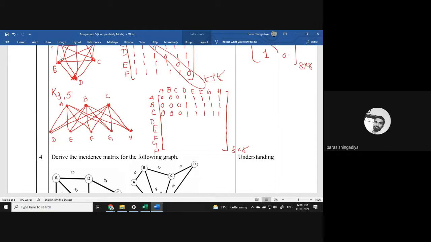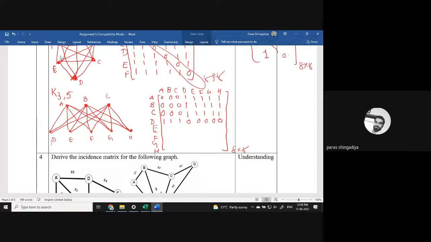Now the next 5 vertices are the reverse. Clear? So D, E, F, G, H are not connected internally. There is no adjacency internally. But they are adjacent with all the opposite 3 vertices. So what does it mean? In the next 5 rows, the first 3 entries will be 1, and the rest of all the entries will be 0. यहाँ पे first 3 entry क्या होगी, that is 1, क्योंकि D जो है ABC के साथ connected है, ठीक है, but D is not connected with E, F, G, H, ठीक है, तो यहाँ पे आएगा 0.